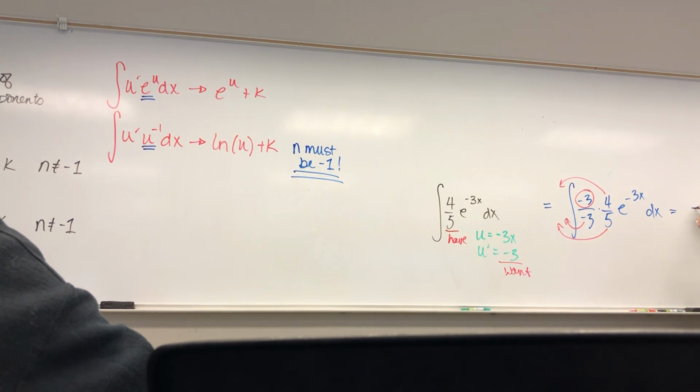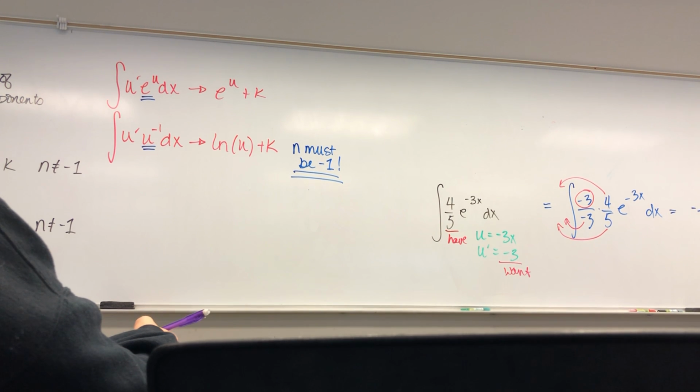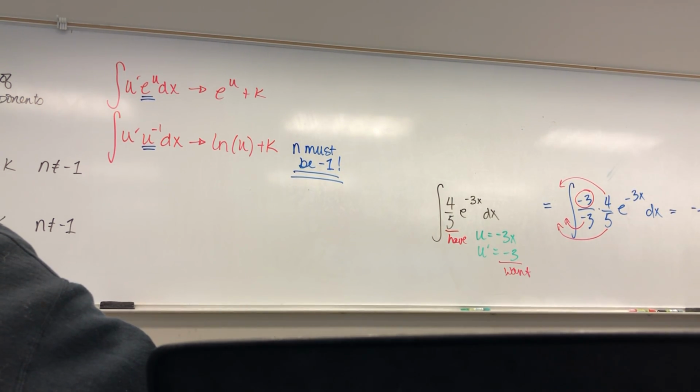Negative 4/3, or 4/15, yeah, you're right. Negative 4/15 times the integral of negative 3 e to the negative 3x with respect to x. So now I have everything I want. What's my integral? Negative 4/15 e to the negative 3x plus k.